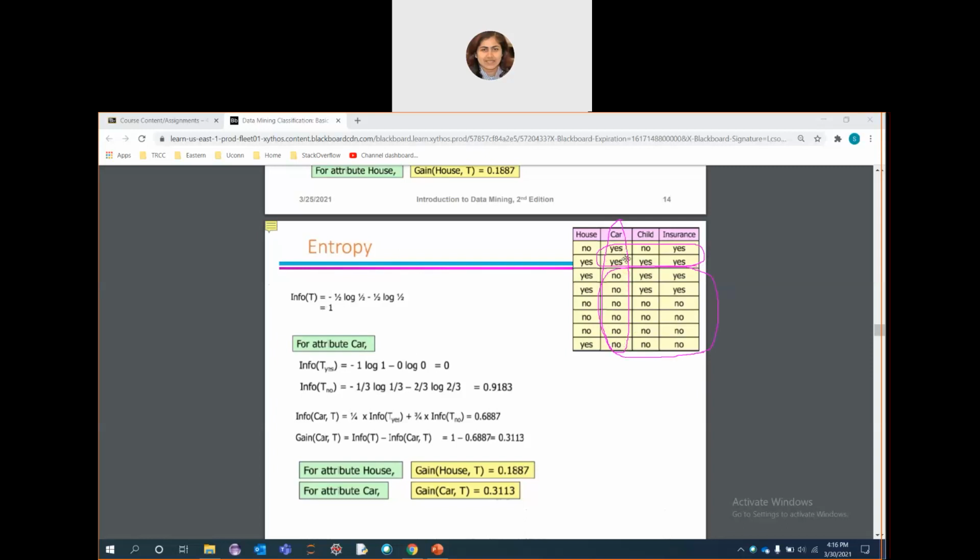And how many yes? 2. Out of the 2 yeses, how many are associated with yes of insurance? That is total full, so here the full will be considered as 1. And how many yeses of the car are associated with no? We have 0. So this will be 0 log 0. So this is the final value.